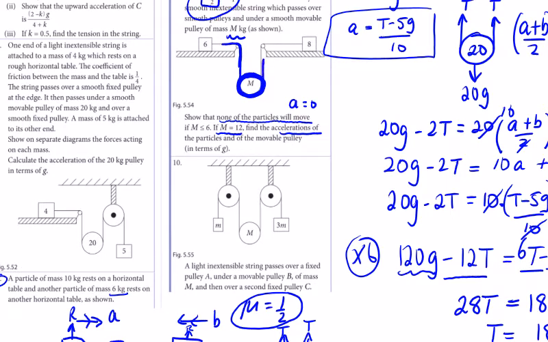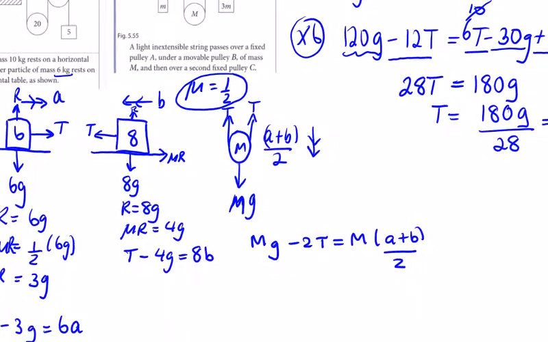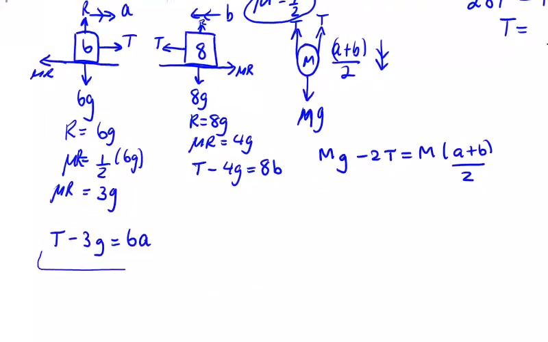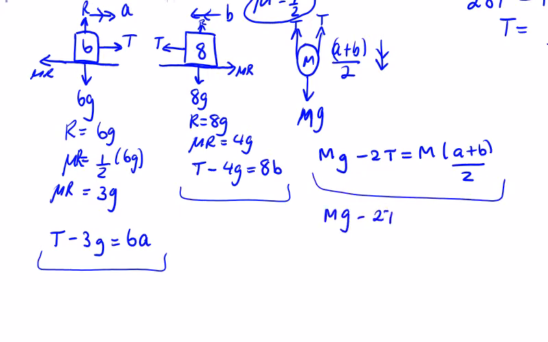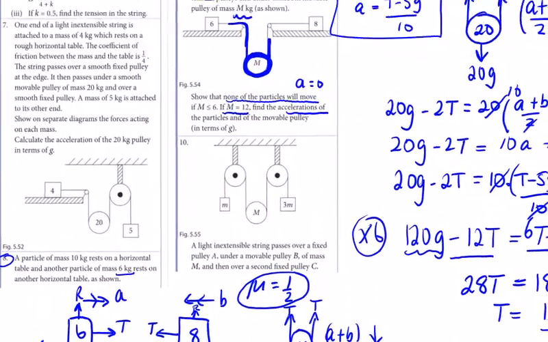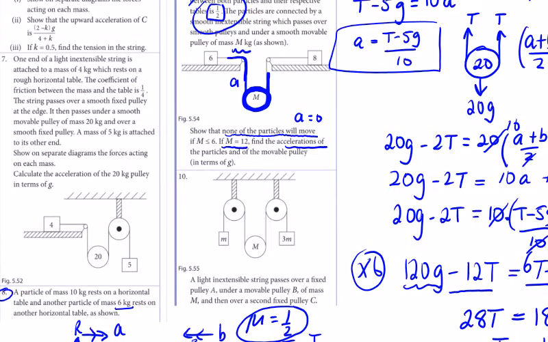So in fact, with the initial equations, these three equations that we have here are when the system is moving. But this equation, Mg minus 2T, we don't have acceleration of B yet. So the acceleration is just going to be the A on its own divided by 2 for this A here.